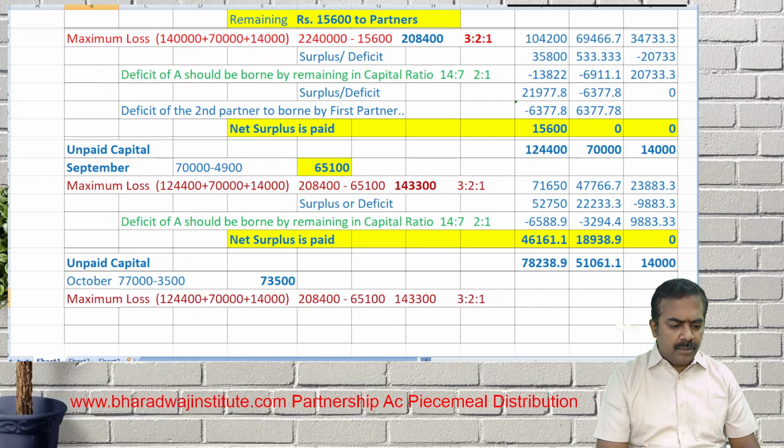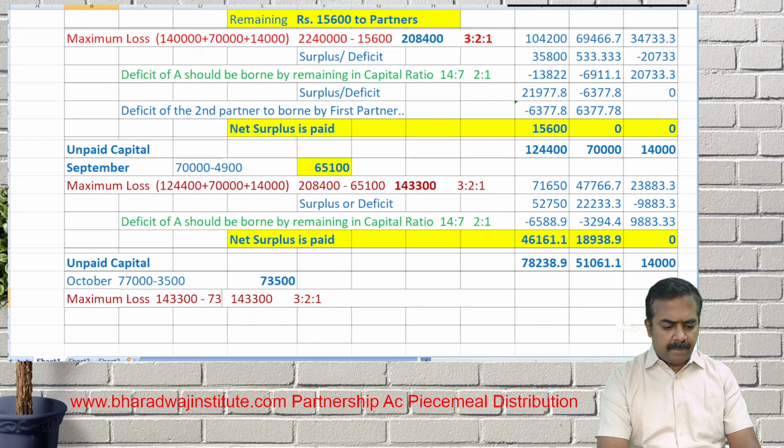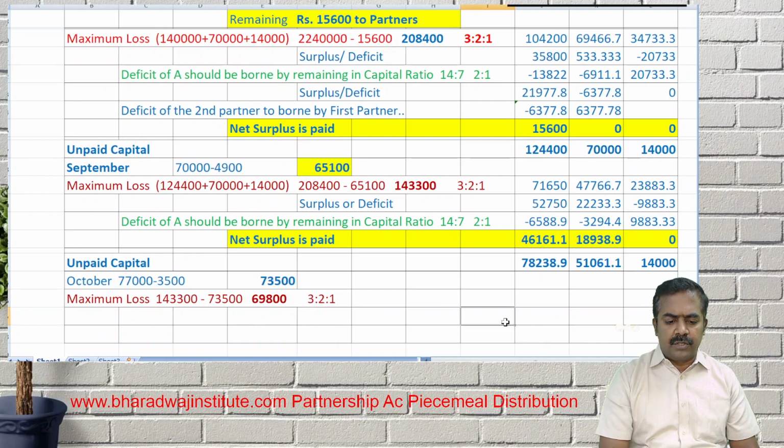I hope I told you the shortcut also. 1,43,300 minus 73,500 is 69,800. Transfer this in 3:2:1 ratio.